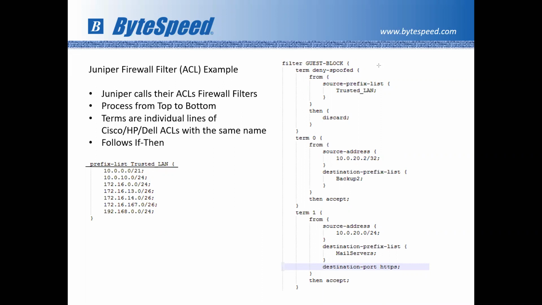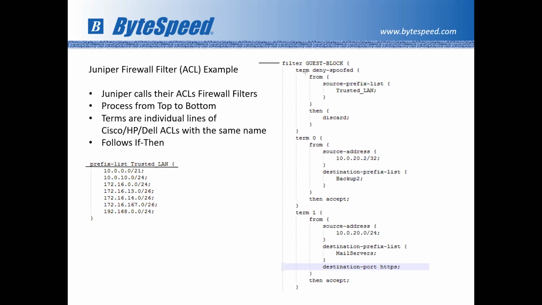So this is going from top to bottom. We have our filter guest block here. The first term is deny spoof. Again, deny spoof can be a name for anything. As you can see, there are terms 0 and 1 beyond it. We have from, so again, that if statement there.